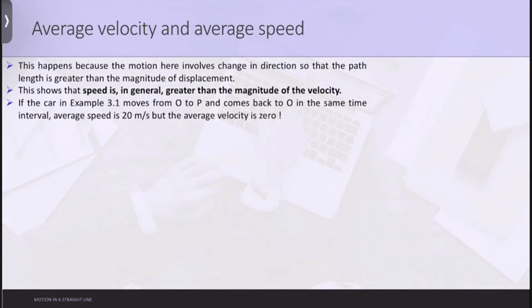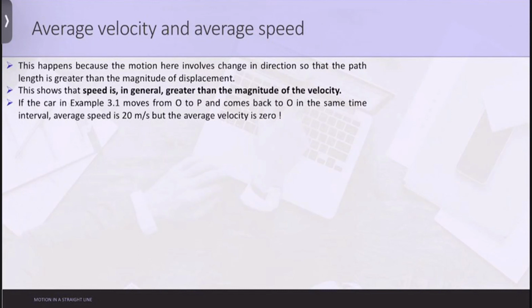Okay, so as there was a difference between the magnitude of displacement, time taken was same. As you can see, time taken was same. Only the value which changed was the numerator part. In the first, average velocity, we explained it using the displacement. In average speed, we explained this using total path length. Okay, so this shows that speed is in general greater than the magnitude of velocity.